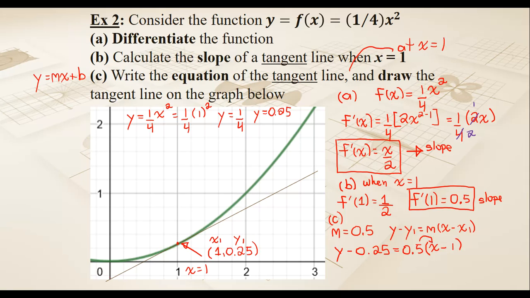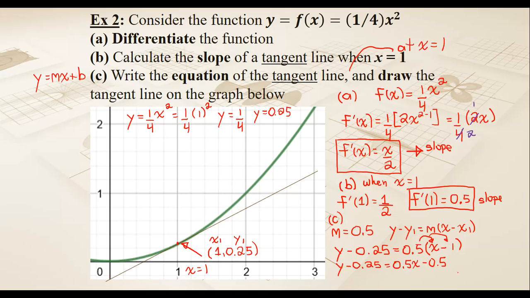Let's do the distributive property here. So this turns into y minus 0.25 is equal to 0.5x minus 0.5.